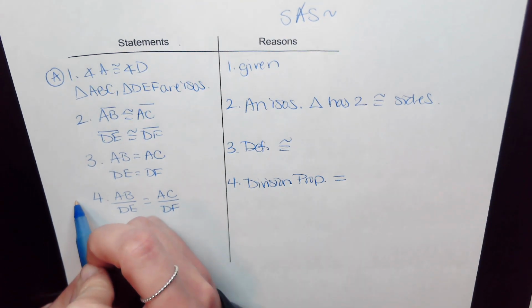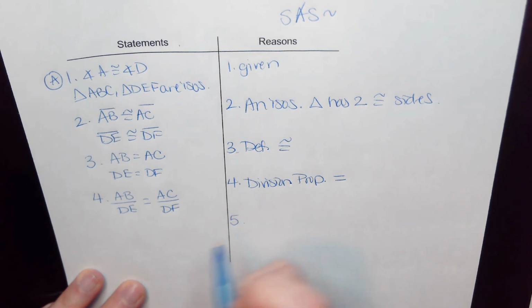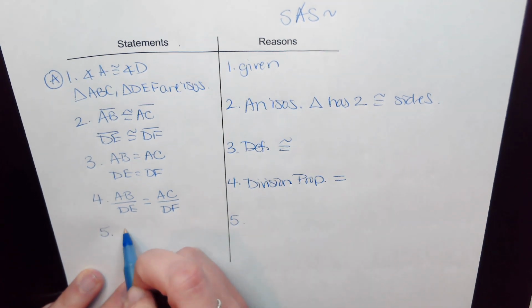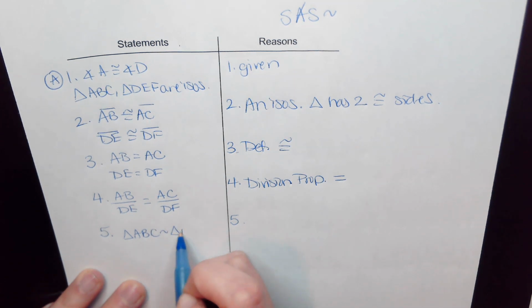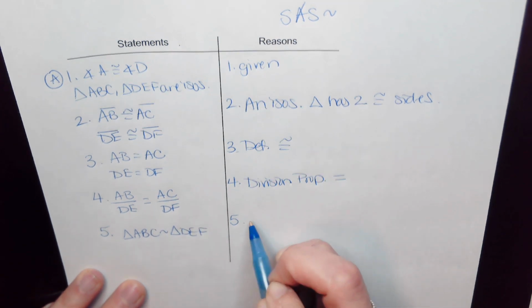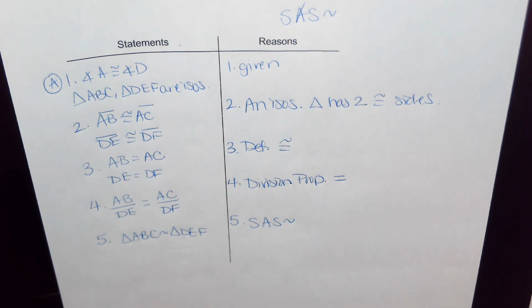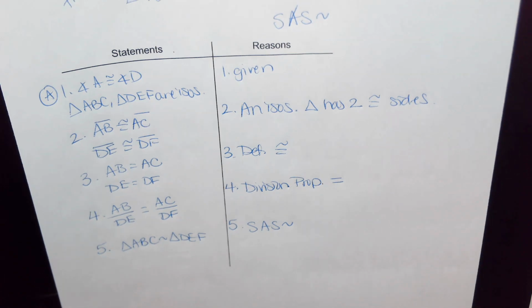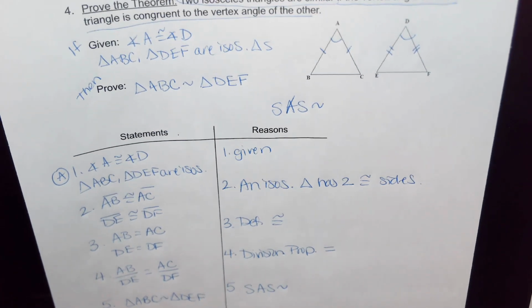All right, so that gives me my two pairs of sides proportional to each other. So now I can say that triangle ABC is similar to triangle DEF by side angle side similarity. So that one doesn't come up as much as our angle angle similarity, but that's exactly how you would do it when it does.